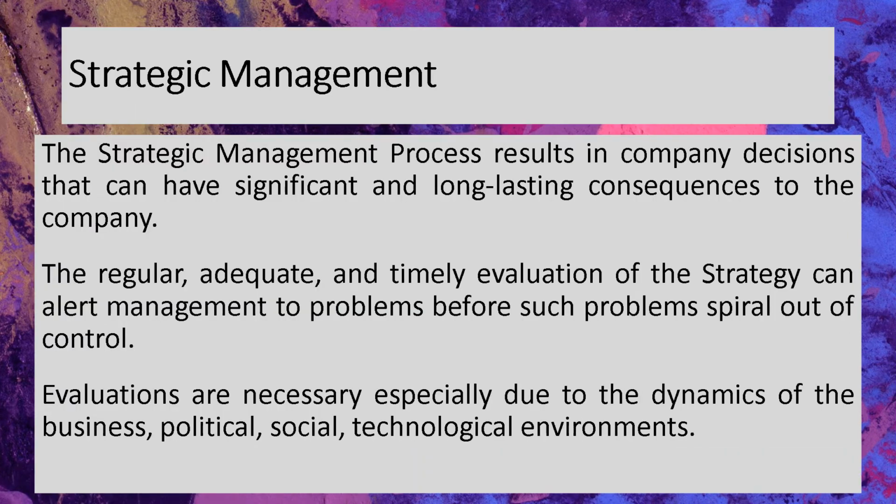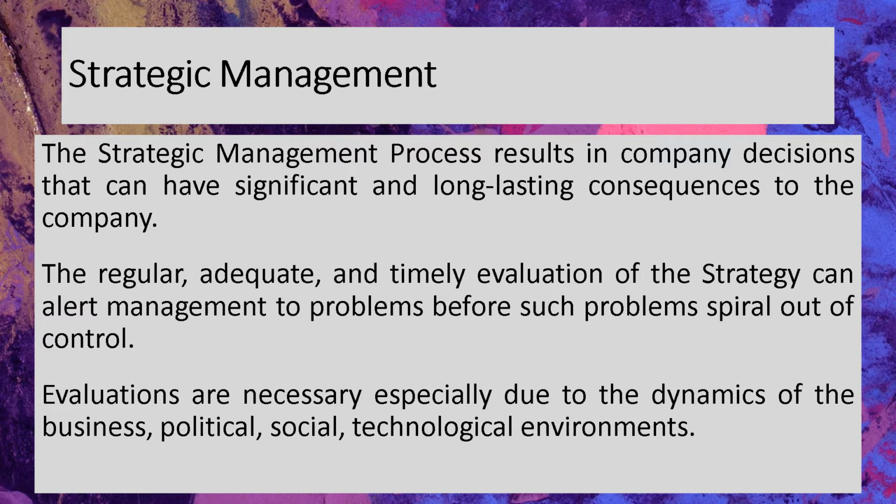Strategic management. The strategic management process results in company decisions that can have significant and long-lasting consequences for the company. The regular, adequate, and timely evaluation of the strategy can alert management to problems before such problems spiral out of control.